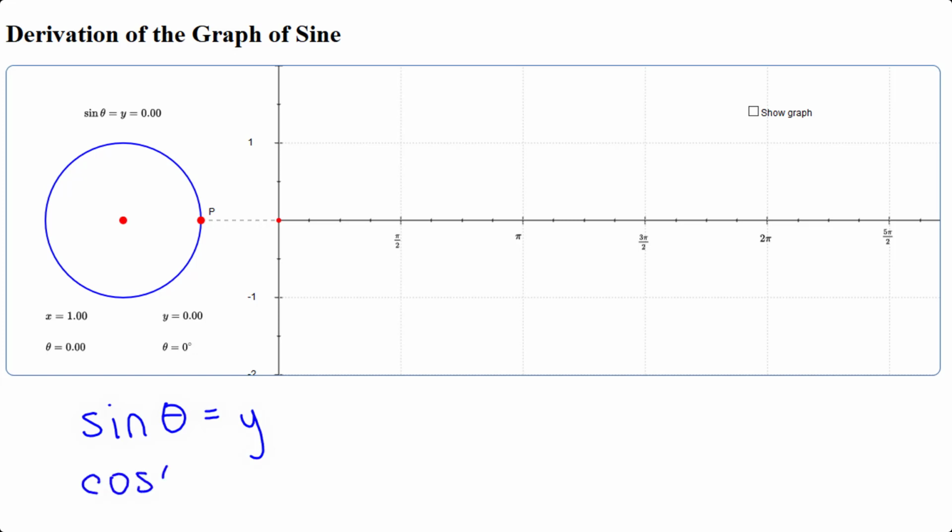The cosine of an angle measure is equal to the x-coordinate off of a unit circle. So I basically set this up to where I'm getting P is the coordinates of a point on the unit circle, and you can see those coordinates here for x and y.